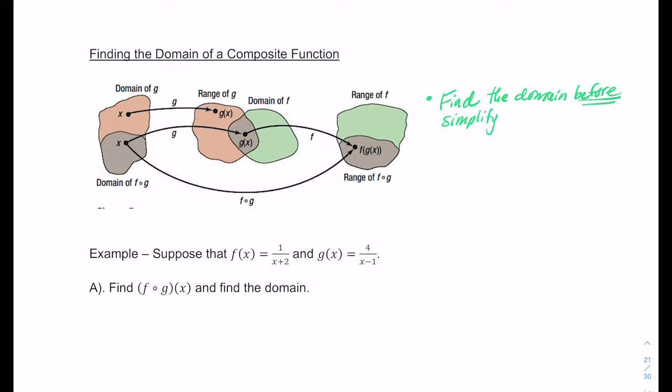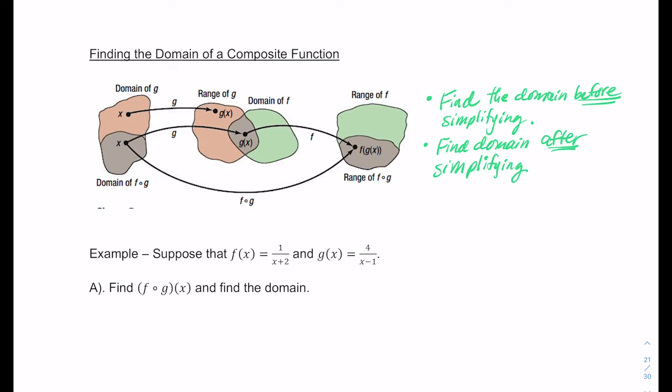And then if you can simplify the composite function, and not always you'll be able to, but if you can simplify it, you'll want to find the domain after you simplify. So it's a before and after. Sometimes, like I said, you won't need step number 2.